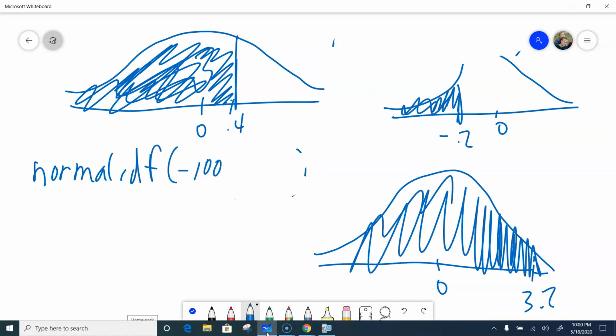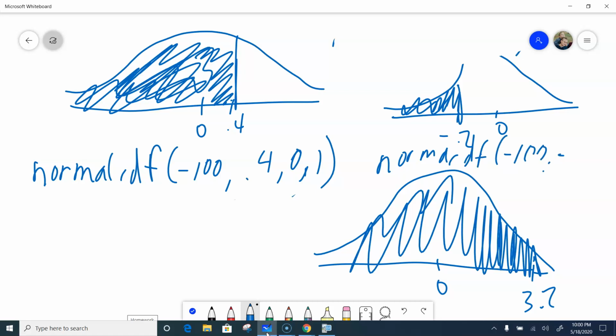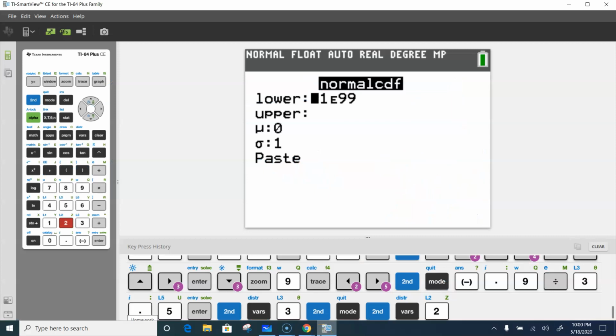Negative 100 or negative infinity, whatever you want to pick, for that 0.4, and then the mean and standard deviation, of course, are 0 and 1 respectively. Same thing here, we would go normal CDF, negative 100 to negative 0.2, 0 and 1, and then negative infinity or negative 100 up to 3.2. So we'll do each of those 3.